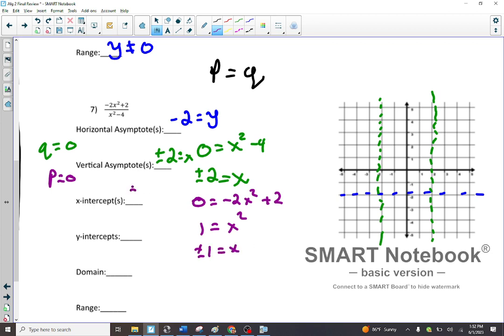So your x-intercepts is plus or minus 1. So you have a point here and a point here. Your y-intercept is when you plug x equals 0. So in this case, if I plug in 0, this part would disappear. So it's just 2 over negative 4 or negative a half. So down here.